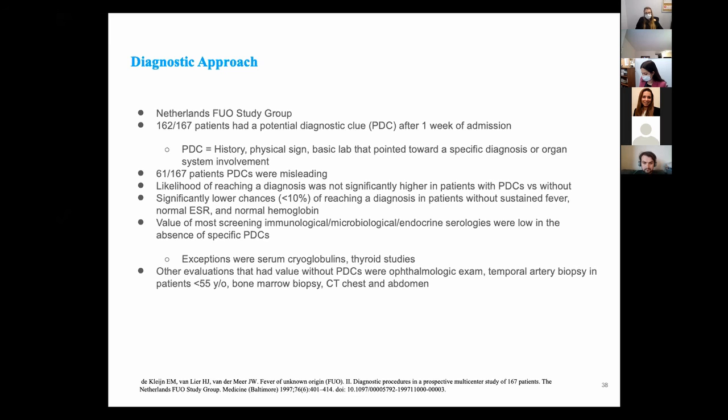So they found that other evaluations that did have value in making the final diagnosis in people without diagnostic clues were an ophtho exam, temporal artery biopsy, bone marrow biopsy, and a CT chest and abdomen.